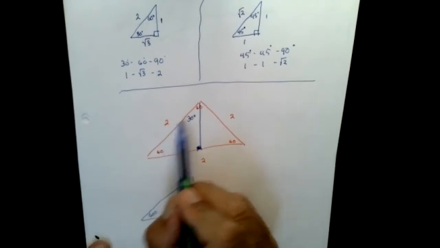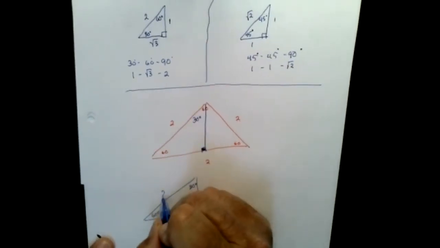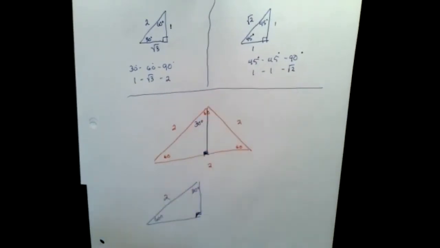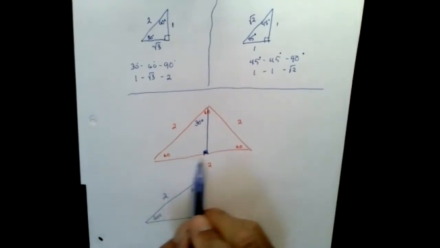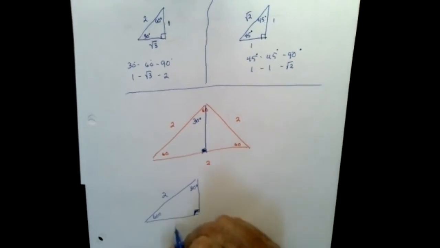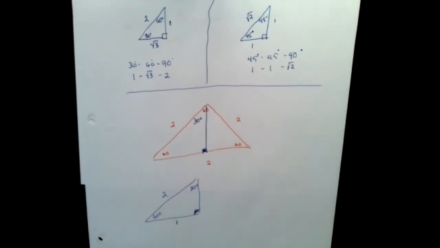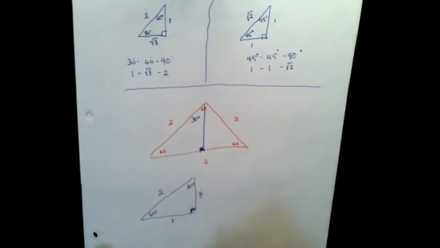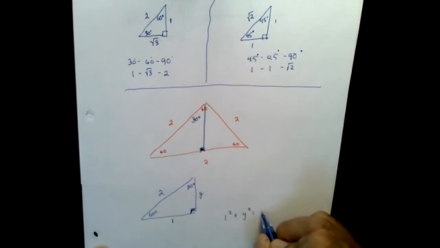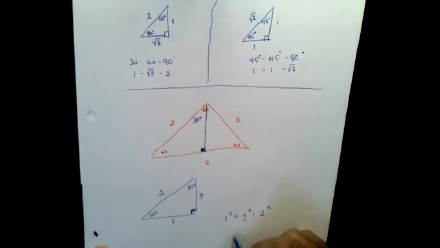One of the things I know is this side is still 2. Down here in the bottom, it was 2, but I cut it in half, so that's 1. And I don't know what this is, so I'll call it y. 1 squared plus y squared equals 2 squared. 1 plus y squared equals 4.